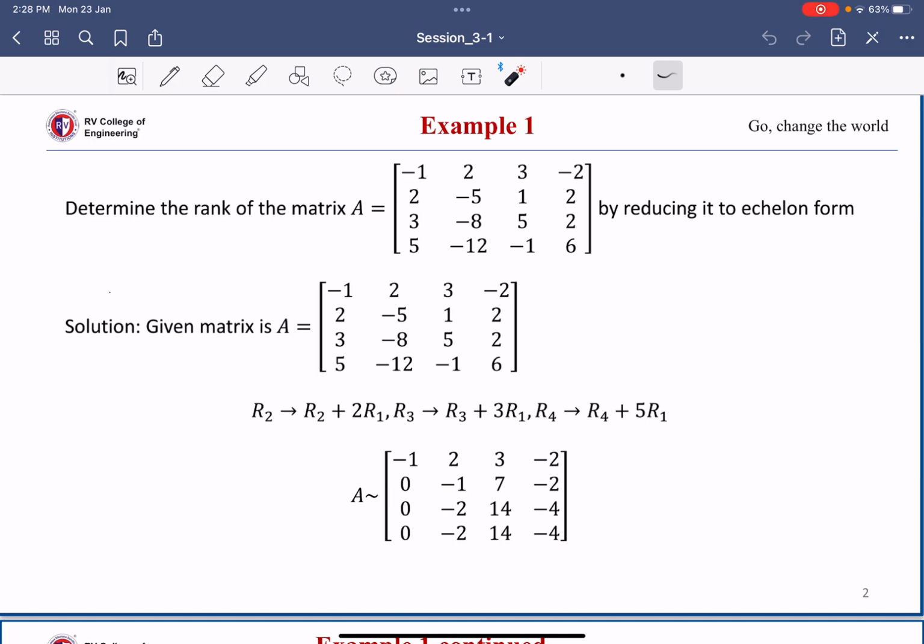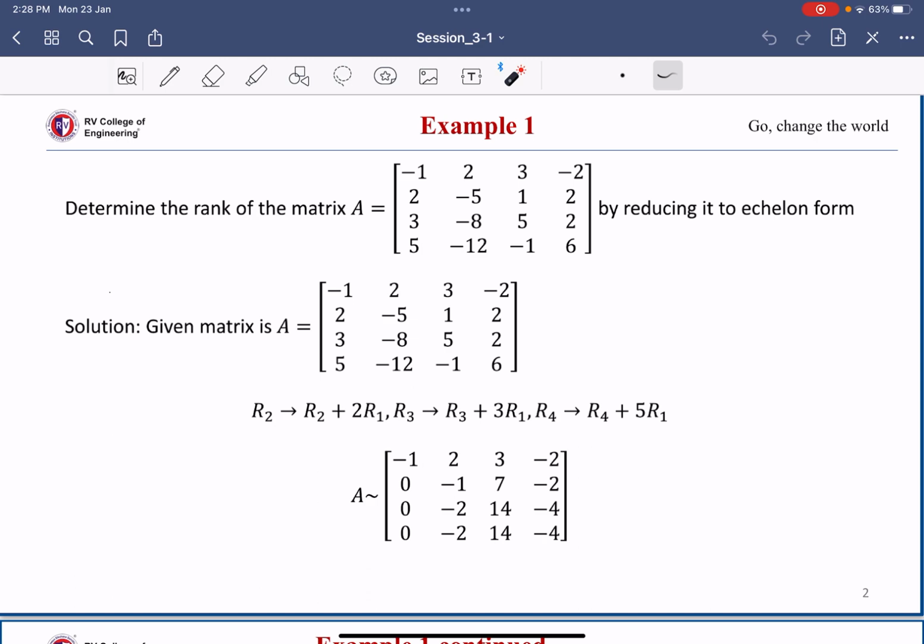I can make them 0 by subtracting the third row from the fourth row, or another way of making the last two rows 0 is that the elements of the third row and the fourth row are 2 times the elements of the second row.